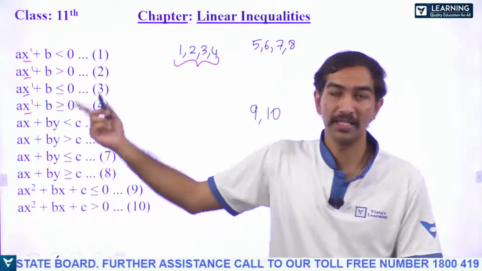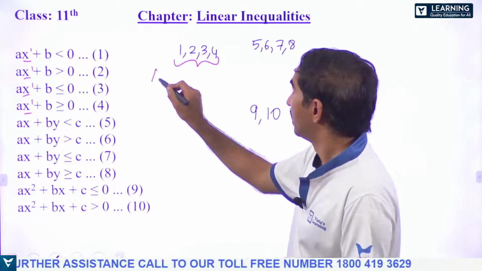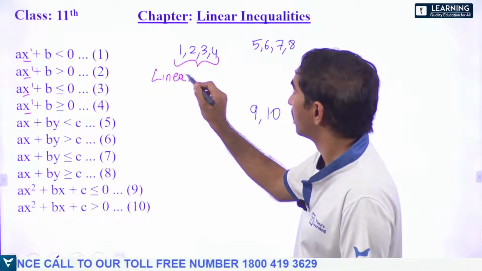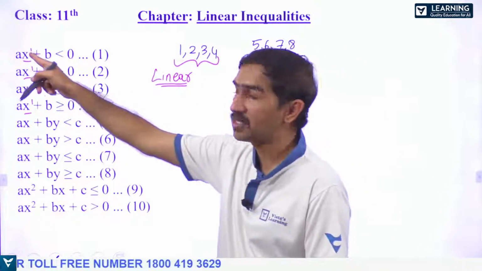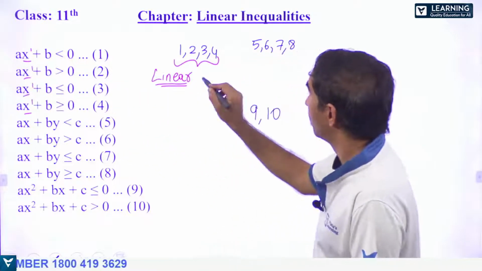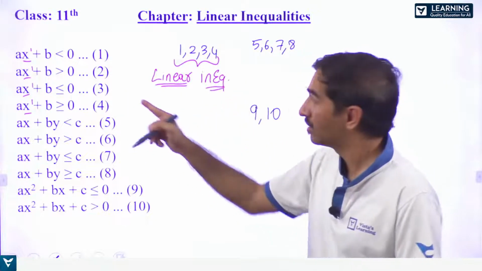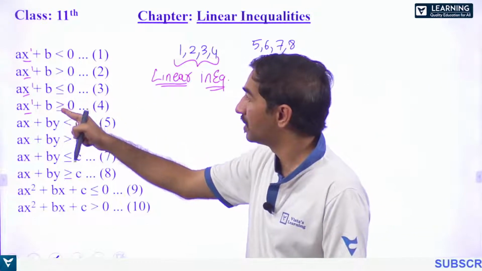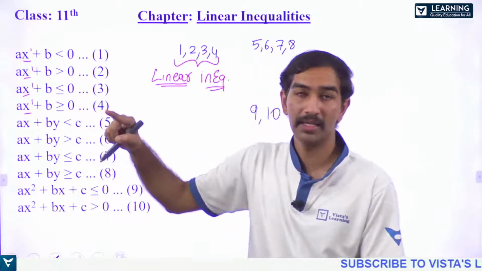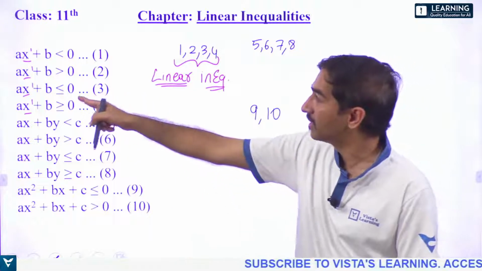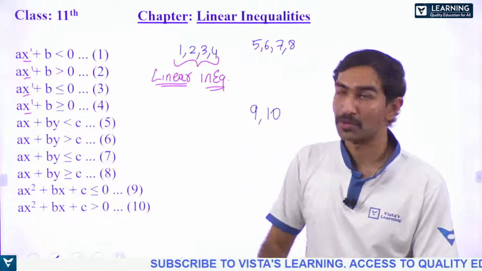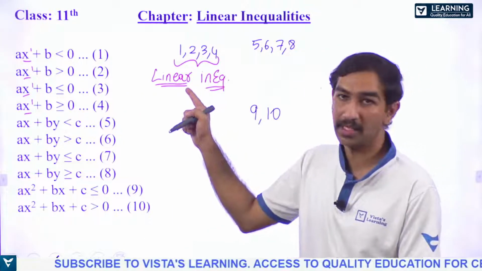So what do we call this inequality now? Linear. Why linear, students? Power is 1. Inequality. Why inequality, students? We are not using equal to symbols; we are using other symbols: greater than, lesser than, greater than or equal to, lesser than or equal to. So that is linear inequality.